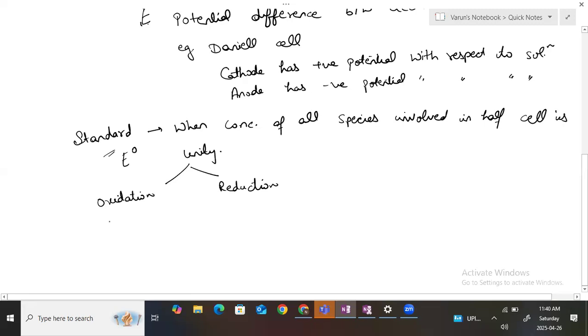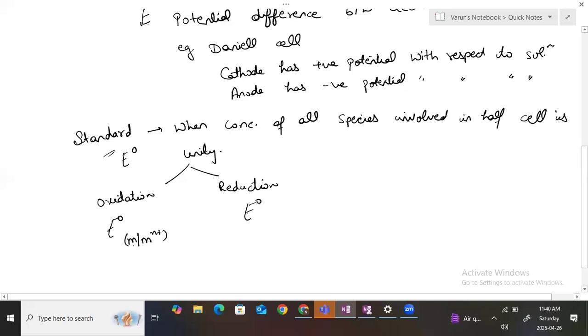We decide by seeing the convention. If E naught is given for both, and I write it like this, I can see that M is getting converted into M n positive, where the number of electrons can be something. If I am considering zinc, I will write Zn slash Zn2 positive.